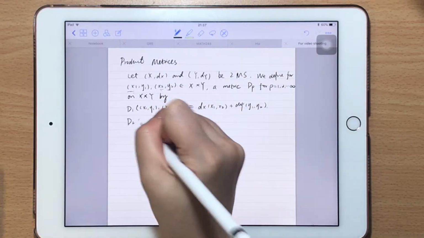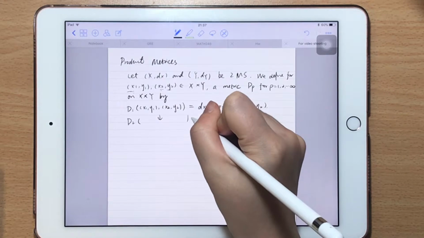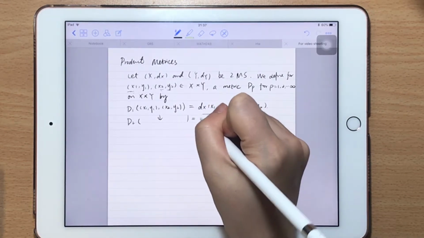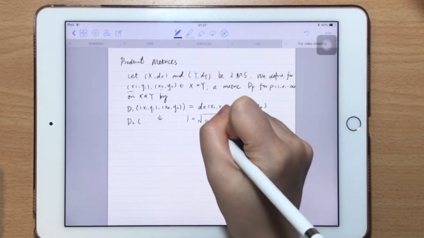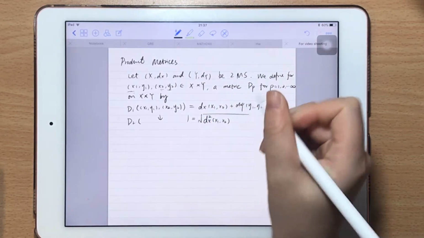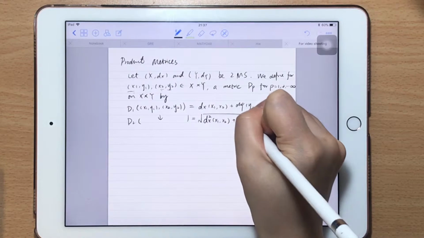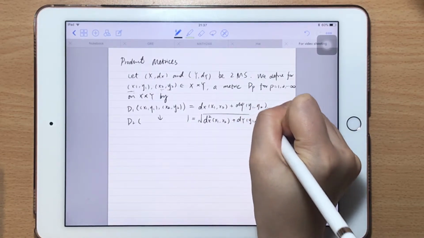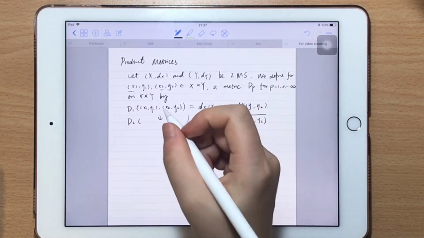And d2 is going to be taking the square root of dx(x1, x2) squared plus dy(y1, y2) squared, right?